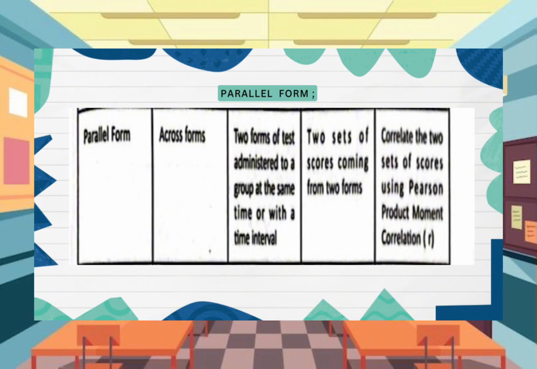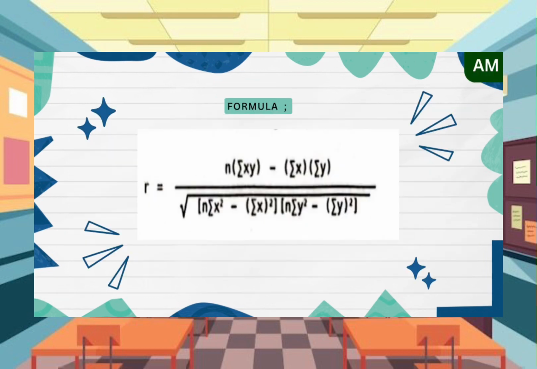Parallel form is also known as alternate form reliability, where two comparable versions of the test are administered to the same individuals. Administration of the forms can be done immediately one after the other or delayed with an interval not exceeding 6 months. As you can see, test-retest and parallel form have the same formula in finding the reliability coefficient, which is the Pearson product-moment correlation formula.